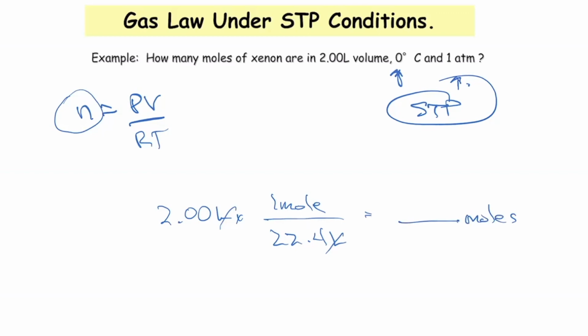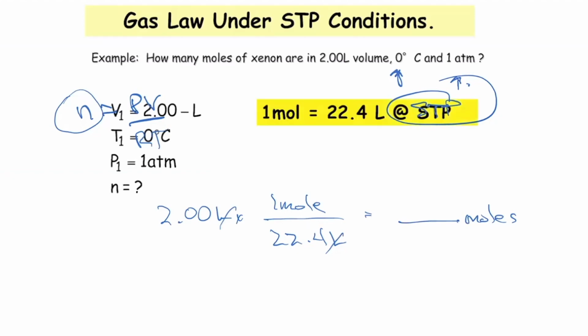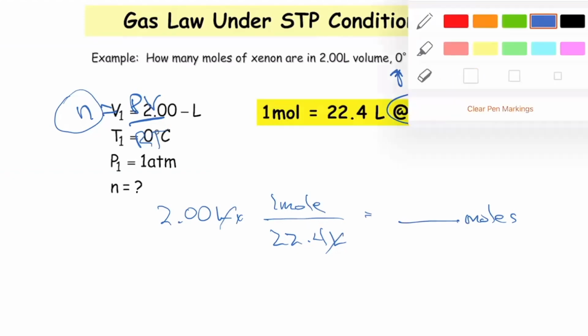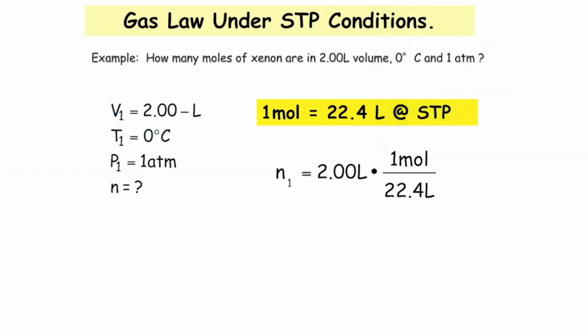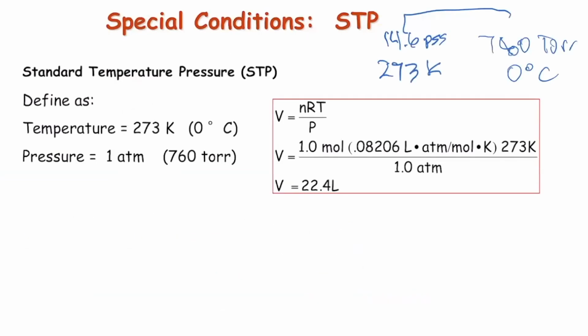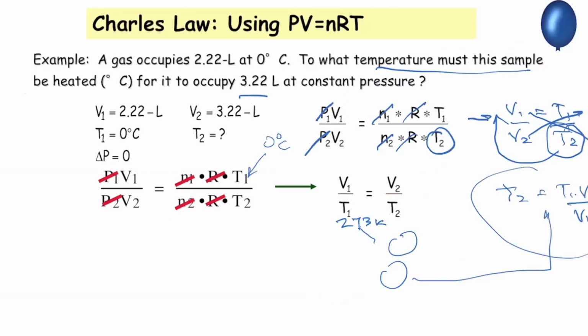And when I do that, notice it's super easy. We're back to dimensional analysis. You're going to get 8.93 times 10 to the minus 2. Now you should recognize this number, because it was the same number that we had in the first problem I solved.